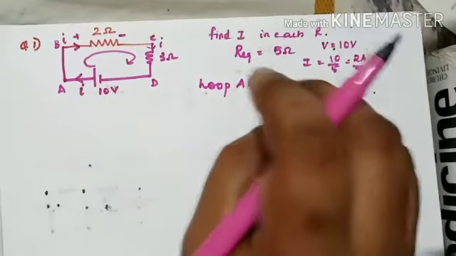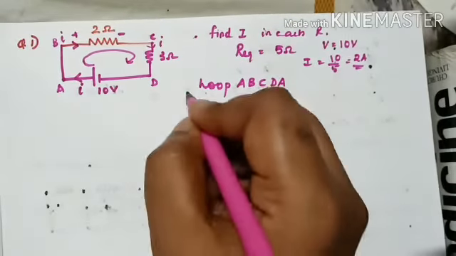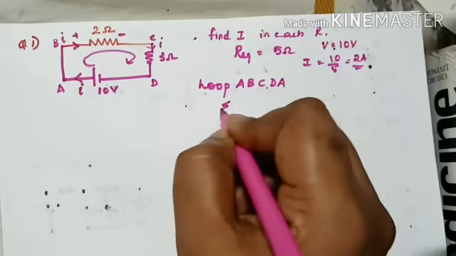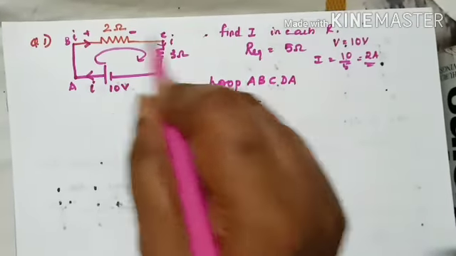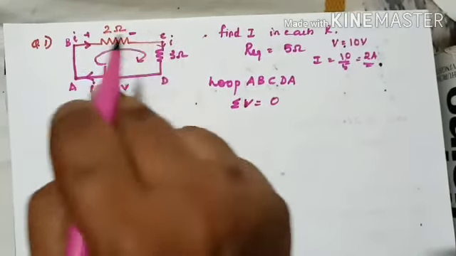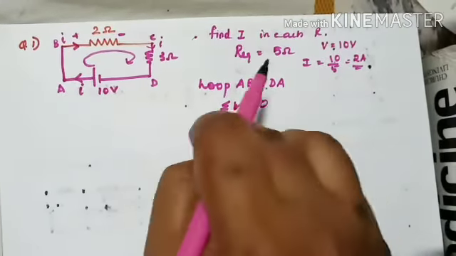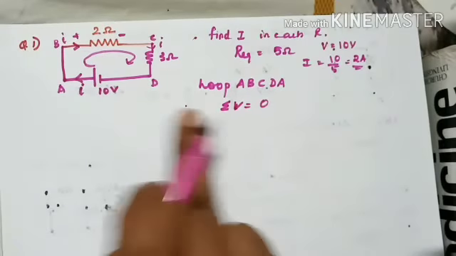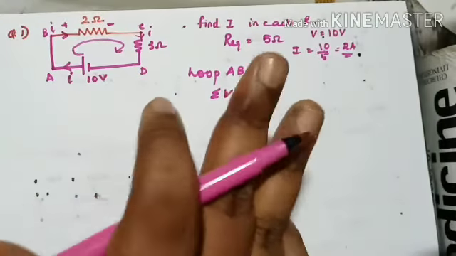Now what was the third step? The third step was KVL. That is, the sum of potentials across the entire loop is equal to 0. That means I have to find the total potential inside the loop, and we are using the sign convention here.